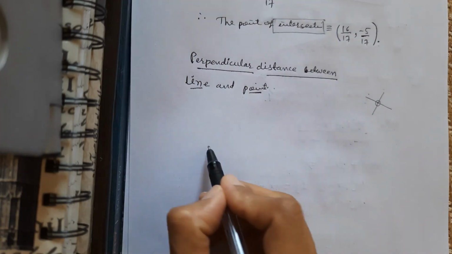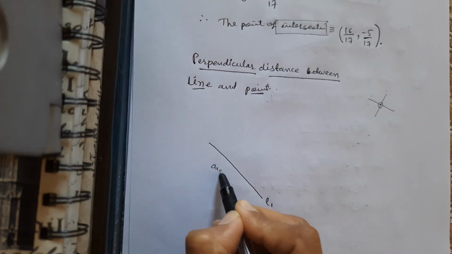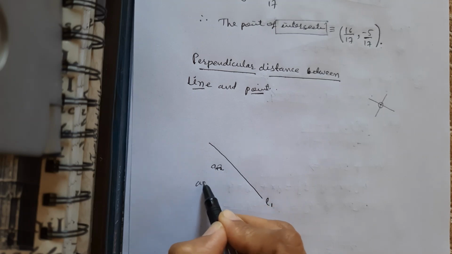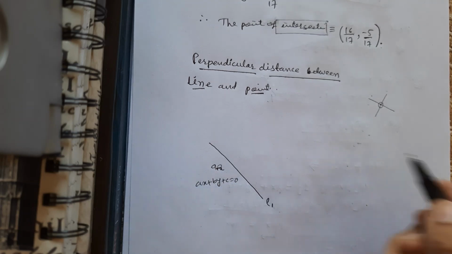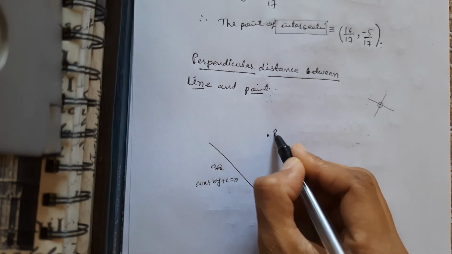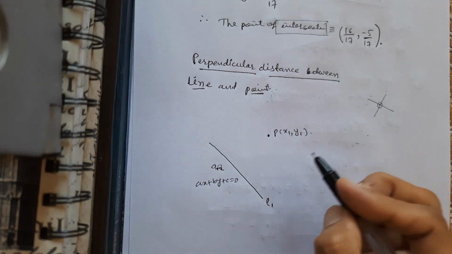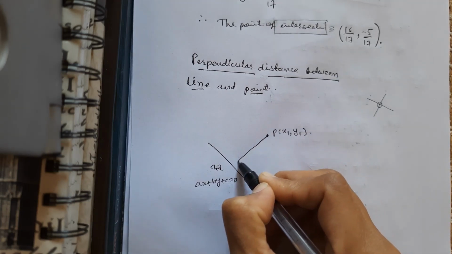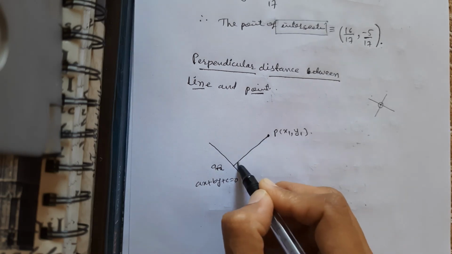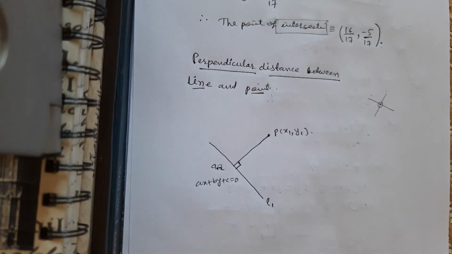Now suppose a straight line L1 is given, and its equation is ax plus by plus c equal to 0, and I have a point P here, with coordinates x1, y1, and I just want to calculate the perpendicular distance from this point to this line.